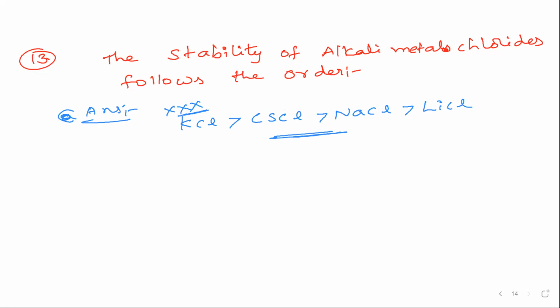Please note down. Stability: potassium chloride is not following the general trend. Potassium chloride is the most stable, greater than cesium chloride, due to its hydration enthalpy. Then cesium chloride, then sodium chloride, then lithium chloride. This is the stability order of alkali metal chlorides.